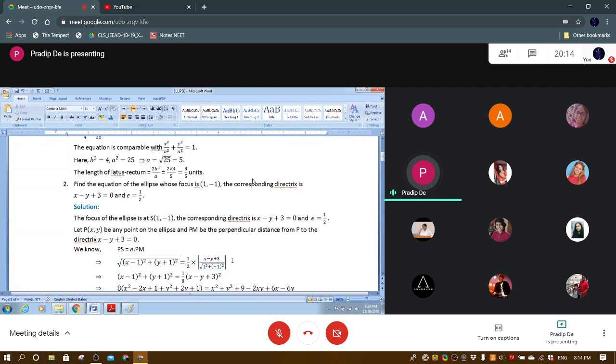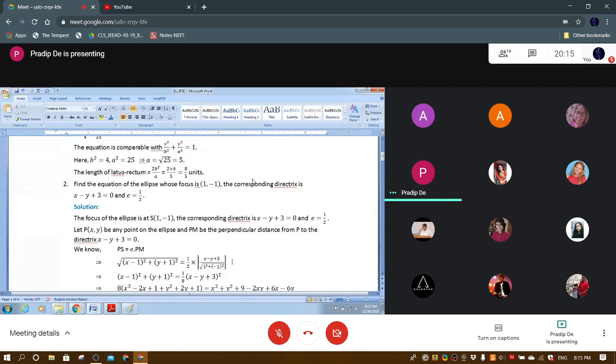So use that perpendicular formula, ax1 plus by1 plus c by root over a square plus b square. So using that formula, the distance PM is mod of x minus y plus 3 divided by root over a square plus b square. That is root over 1 square plus minus 1 square.